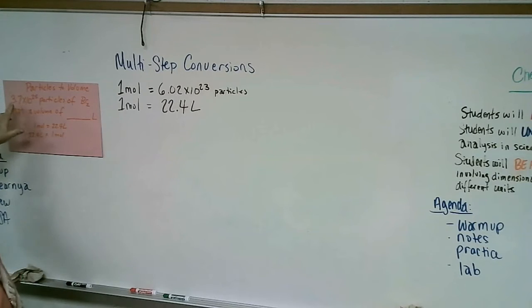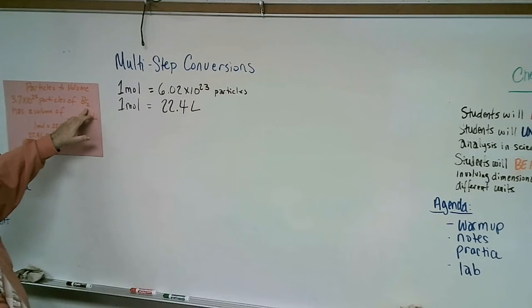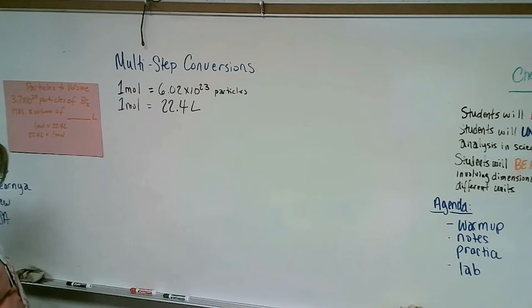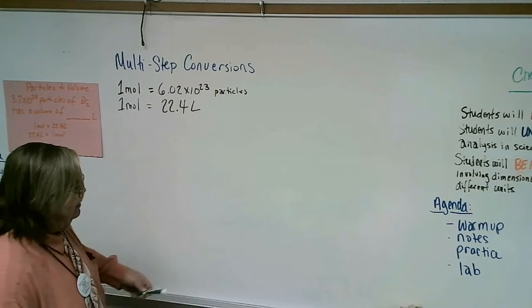Our problem says 3.7 times 10 to the 25th particles of bromine, Br2, has a volume of blank liters. Just like we learned earlier, let's do our steps.